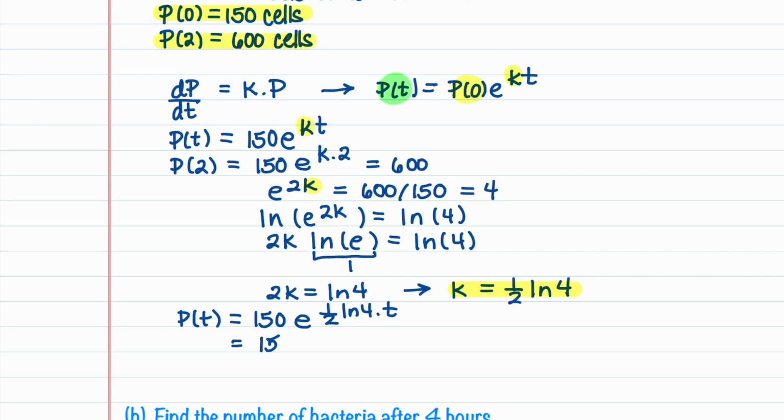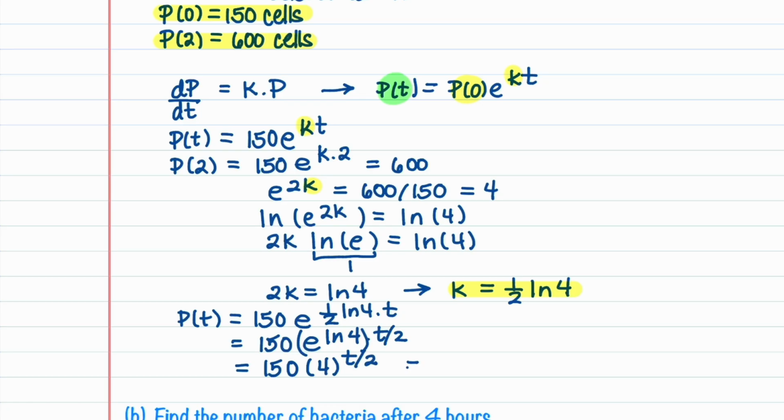So we have 150 e to the natural log 4 times t over 2. And we're going to group this part together because that is actually equal to 4. So we have 150 times 4 to the t over 2.